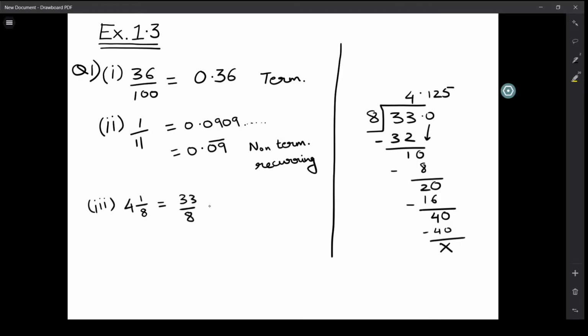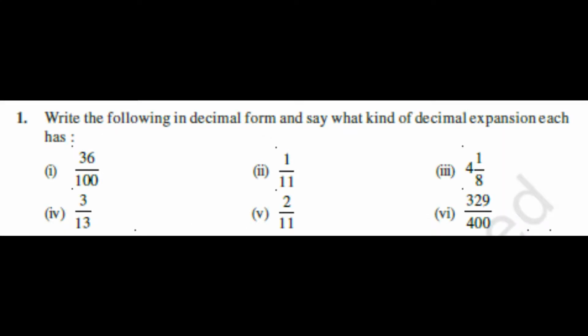And finally, we get 0 as the remainder. So 33 by 8 can be written in the form 4.125, which is a terminating decimal expansion.